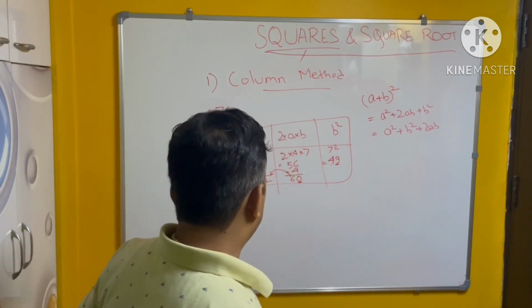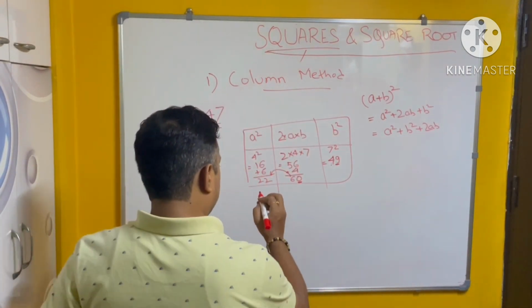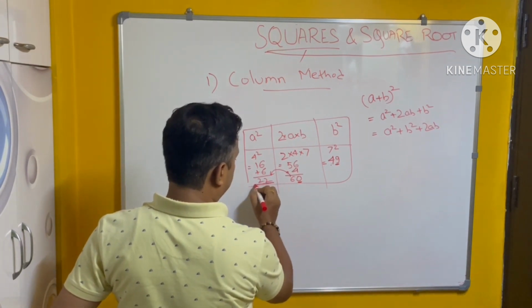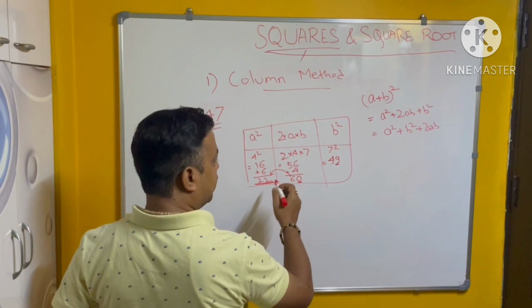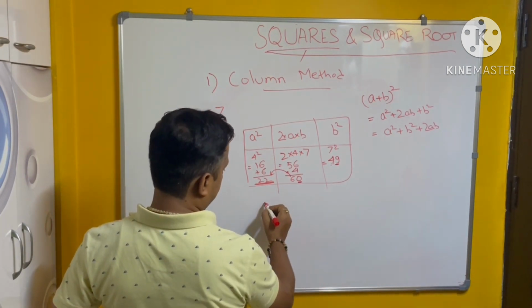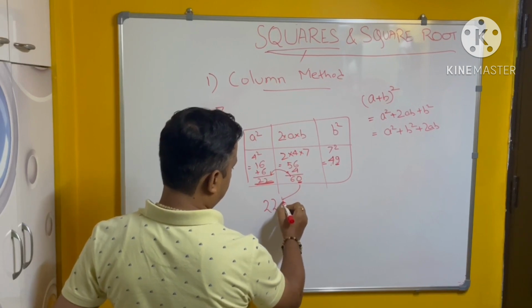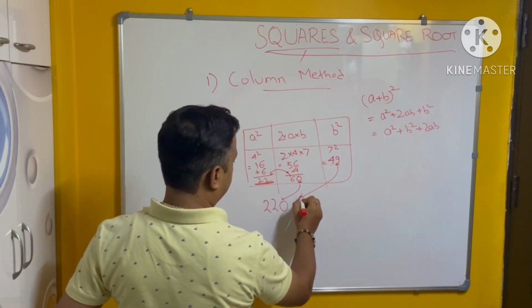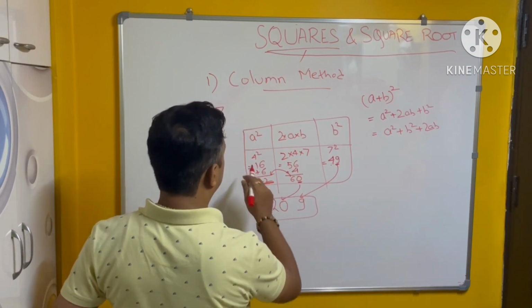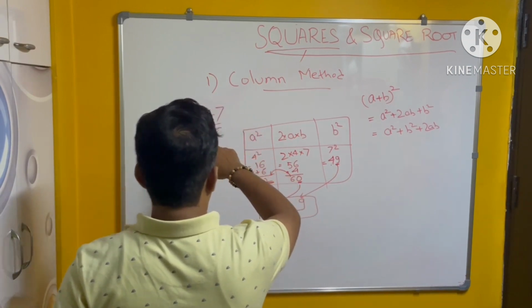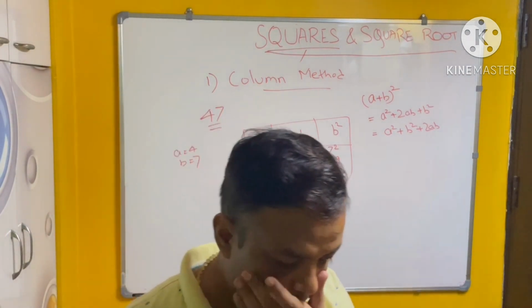Now here we will take the whole number. Whatever numbers are underlined here, 2 and 2, here 0 and here 9, this is the square of 47. Fine.